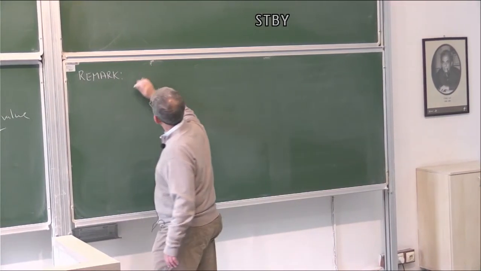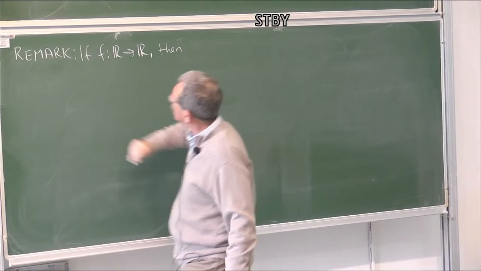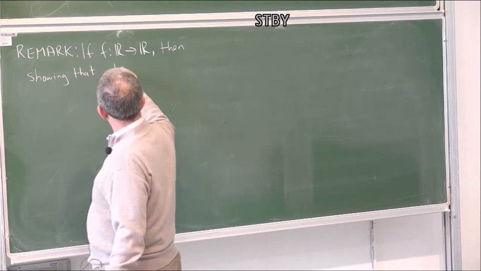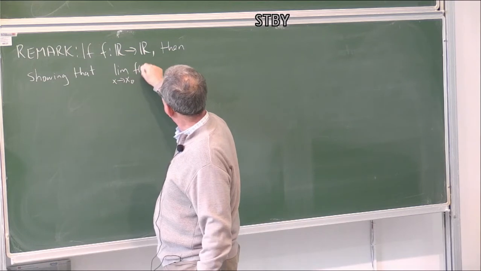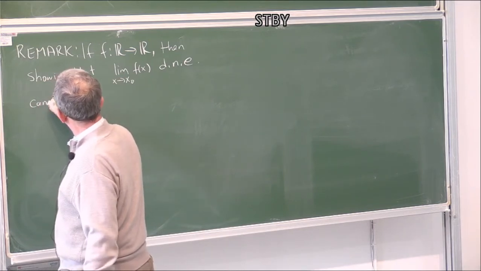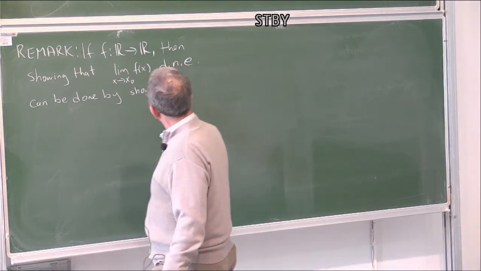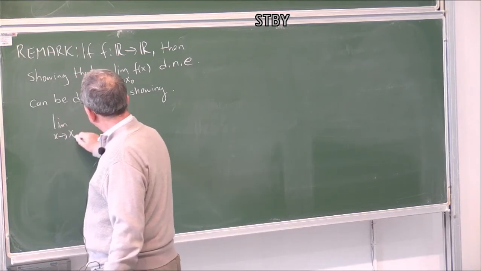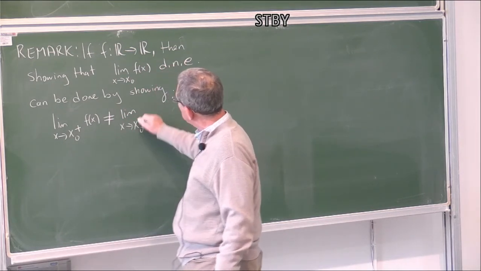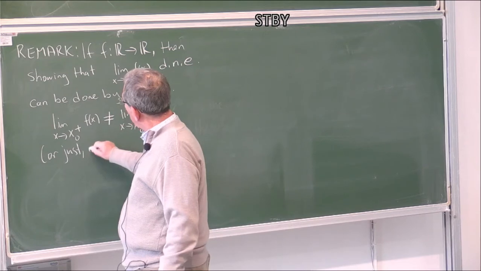If f is a function from reals into reals, then showing that the limit of f of x does not exist can be done by showing that the limit as x goes to x0 from the right side is not the same as x going to x0 from the left side, or just one of them does not exist.